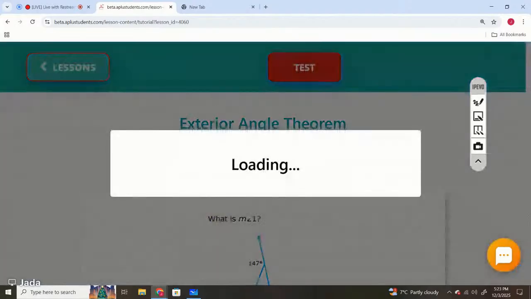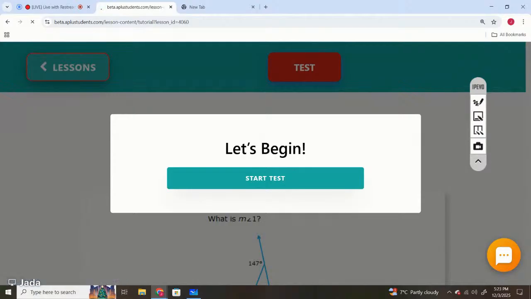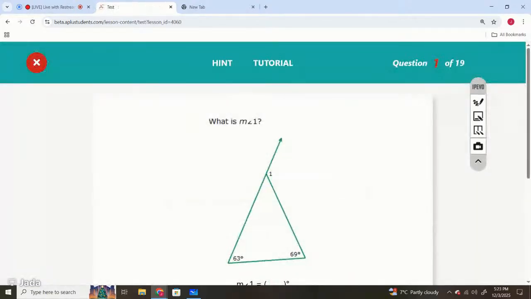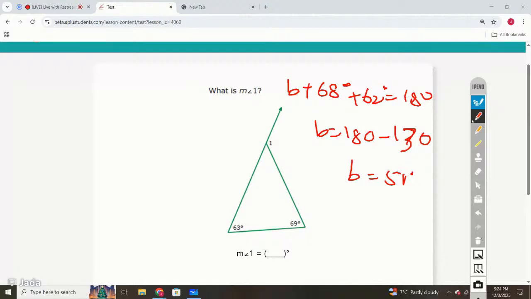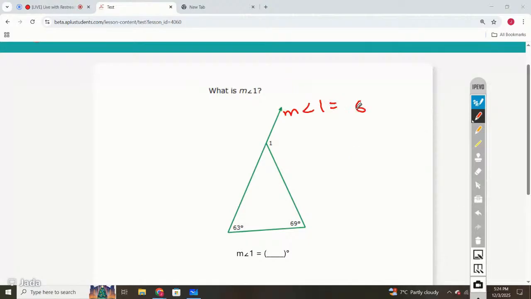Let's just start with the test questions. What is the measurement of angle 1? So angle 1 is the exterior angle, right? So the measurement of angle 1 is equal to 69 degrees plus 63 degrees, right?